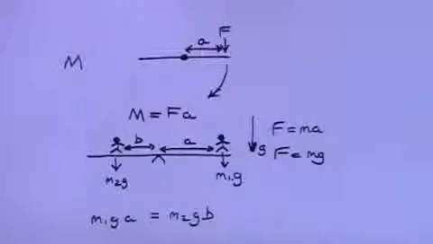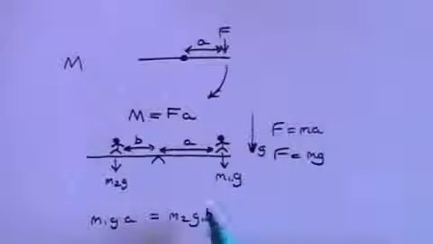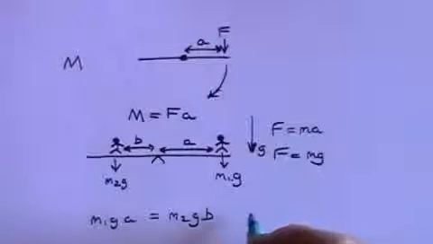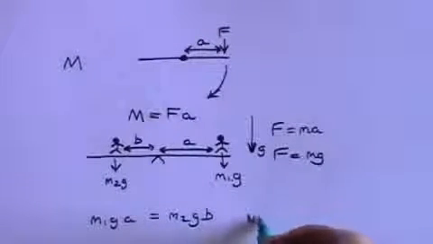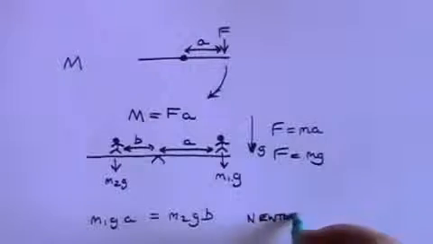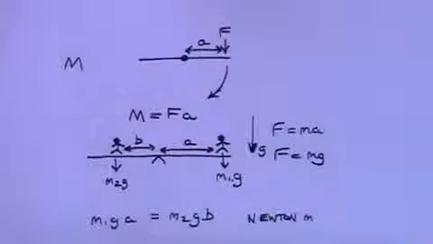Otherwise, the seesaw will move up or down. And you'll see that the moment of a force is force times distance, and that is Newton meters. It's essentially got the same units as energy.